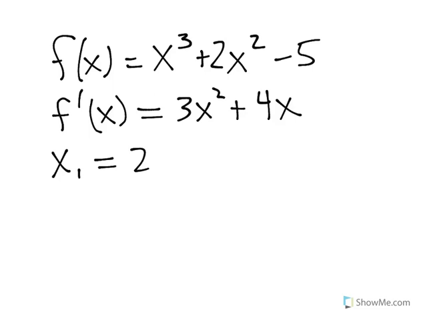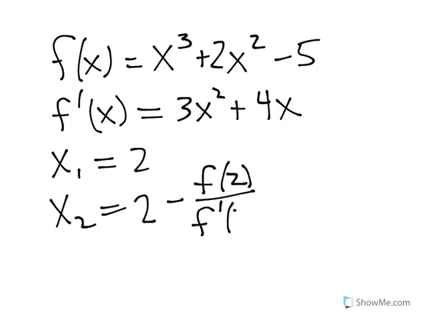And so if I want to find a second x value, or a second guess, which hopefully is going to be closer than my first guess, we'll find out, the second guess is going to look like 2 minus f of 2 divided by f prime of 2. Okay, so let's see. That's 2 minus, what do you get when you plug 2 into f of x?